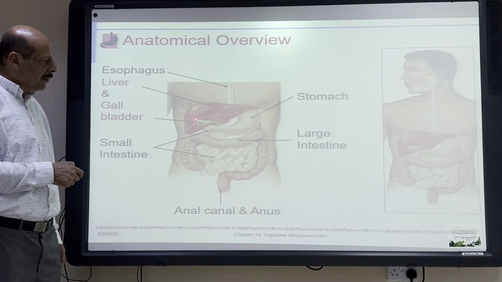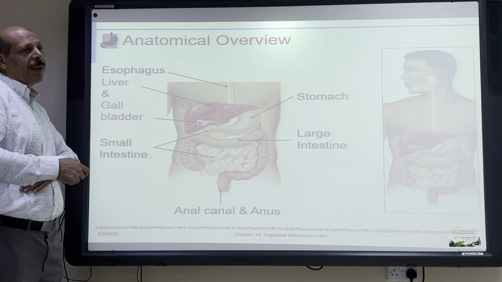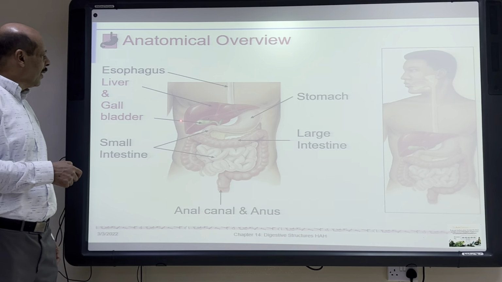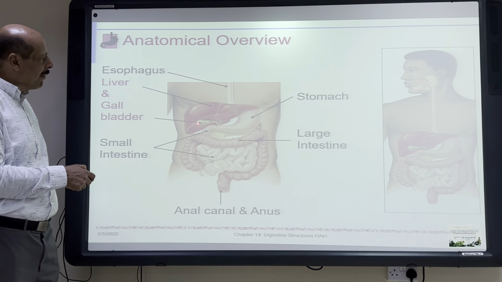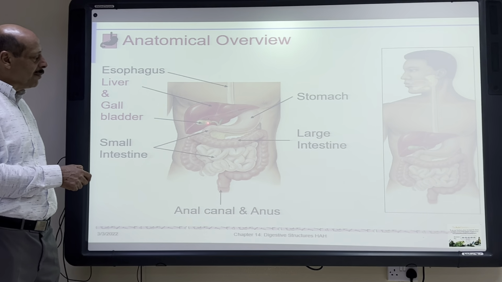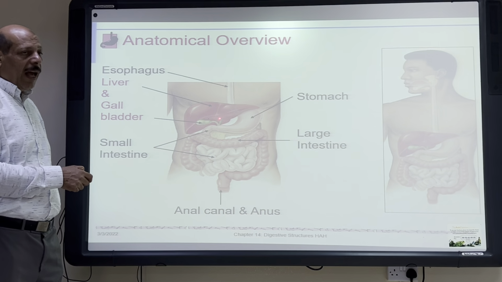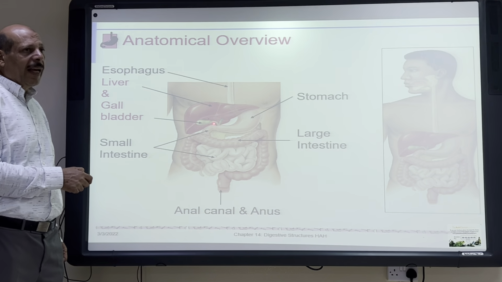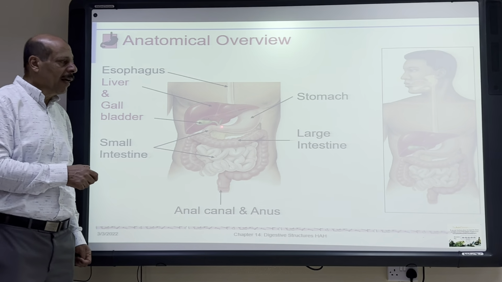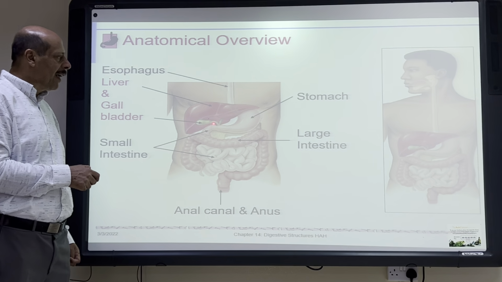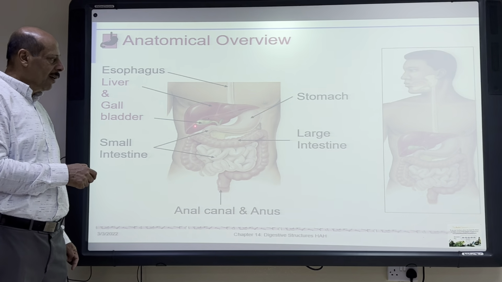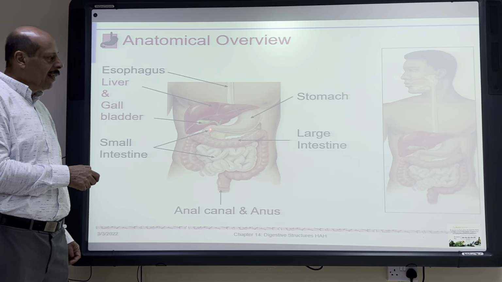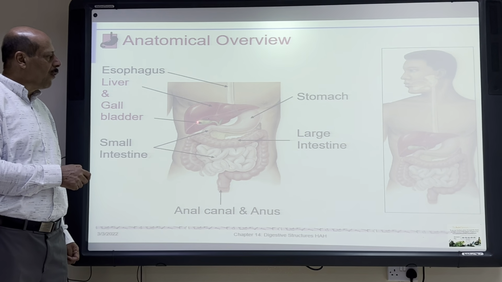The liver is on the right side, and under the liver we have the gallbladder that holds the excretion from the liver. The bile salt is accumulated there, and it will be excreted in the duodenum in order to help in the digestion of fat.